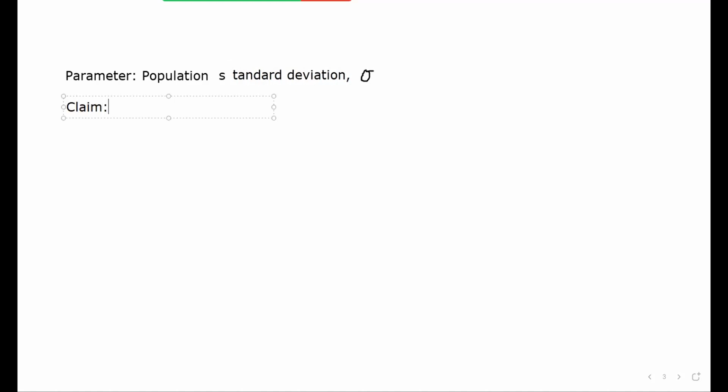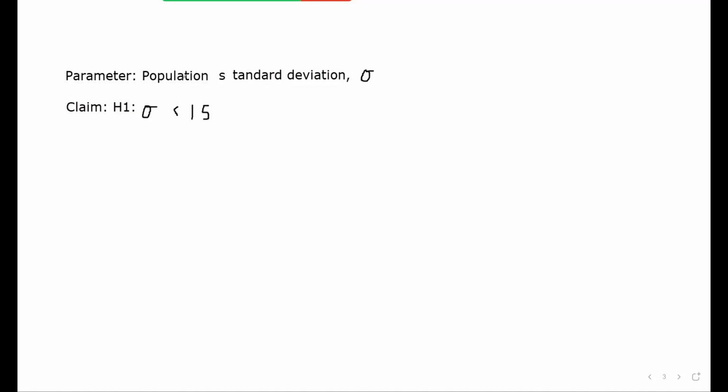Okay. Now, the next thing is we need to identify the claim. If you remember what we just read, it said test a claim that the standard deviation was less than 15. Now, if it's less than, we know that it goes with H1. So H1, we're going to say sigma is less than 15.